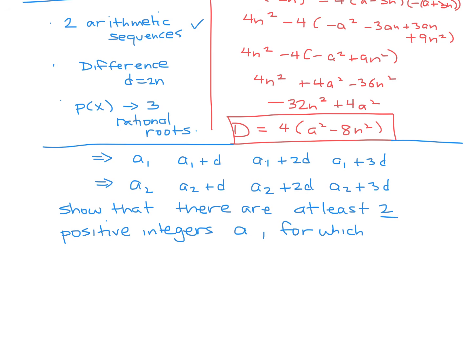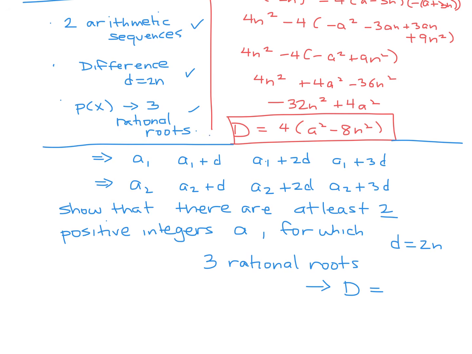Got it? So the rest is true means the difference is 2n. Okay, so d is 2n. And there's 3 rational roots. Now, what does 3 rational roots mean? It basically means what I explained in the previous part, that the discriminant is a perfect square.